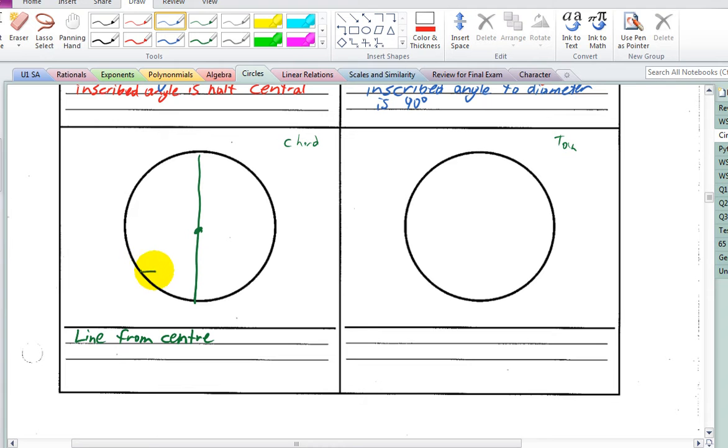And here's our chord. What happens to the chord? Chord is bisected, which means cut in half. And the third part in red, the lines are perpendicular. Line and chord are perpendicular.